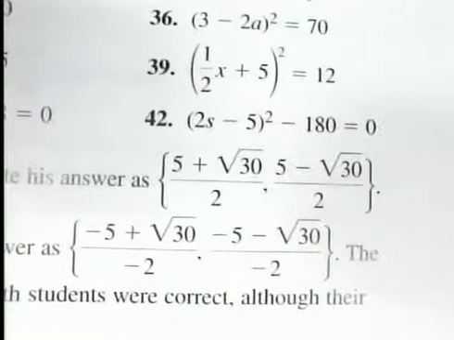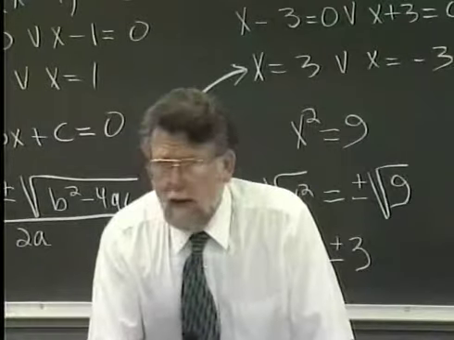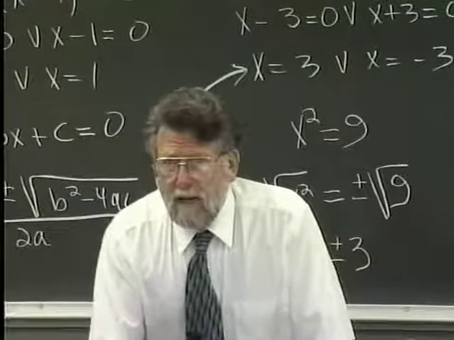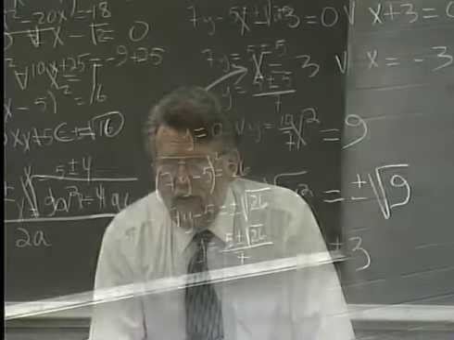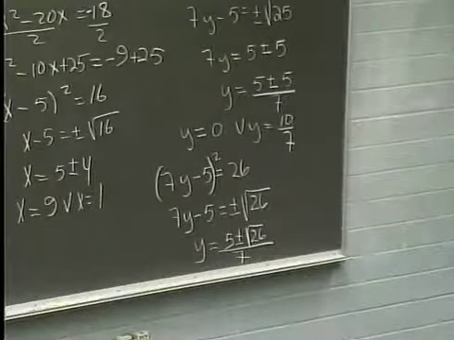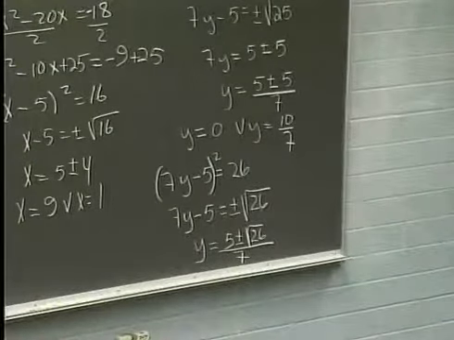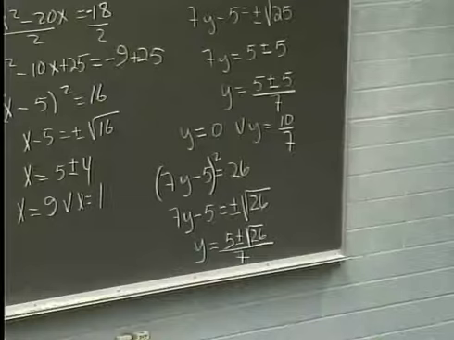But my point is that particular answer written as 5 plus the square root of 30 over 2 and then 5 minus the square root of 30 over 2, if I come back to the sideboard, then in the same way, I would have that equation as a solution 5 plus the square root of 26 over 7 and 5 minus the square root of 26 over 7.